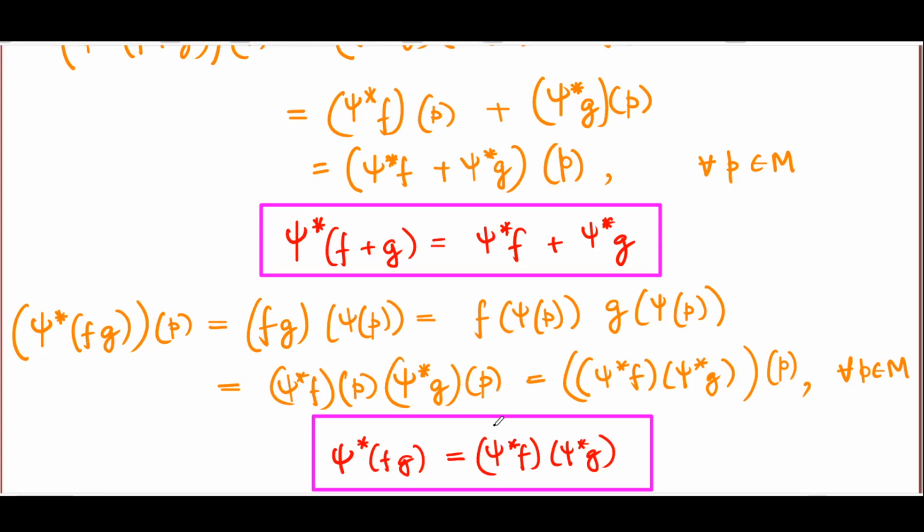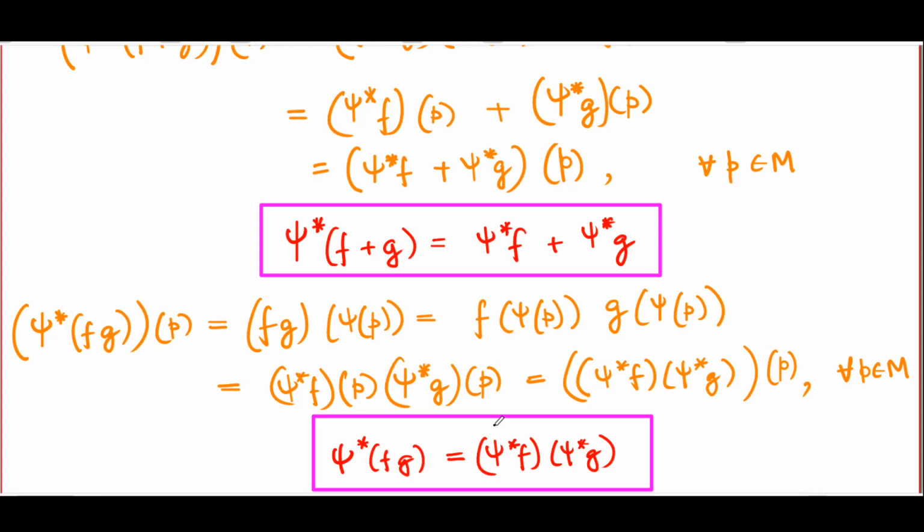In other words, carry out the ring operations first, you add two functions first or multiply them first, and then pull them back to M. The result will be the same as if you had pulled back the individual functions first and then either added or multiplied them.